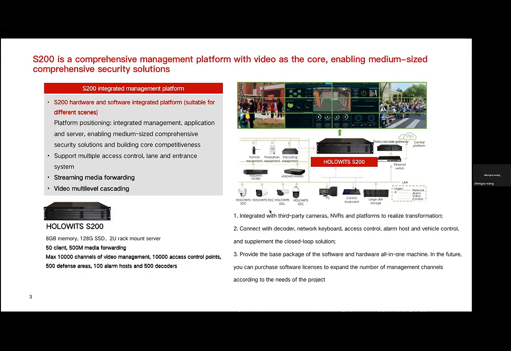So it is a platform. You just have an integrated solution, or we call it a comprehensive management platform. That means you buy a server and you also get a VMS. So all combined together, this is the HOLOWITS S200.